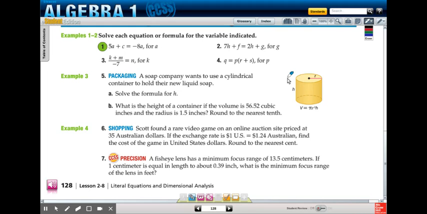So like this one, it has this equation right here, and it says solve it for A. What that really means is you need to get everything away from A. So for this one, you want to solve it for A. First thing we need to do is get all the A's on one side.